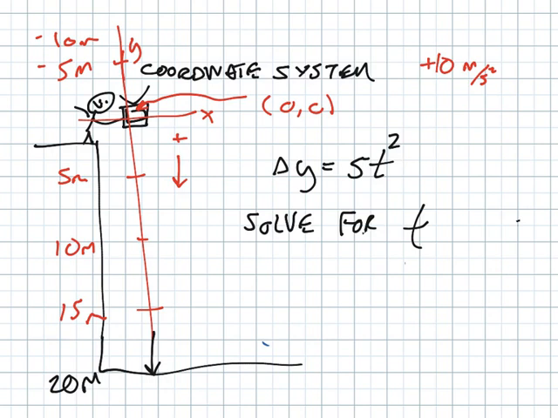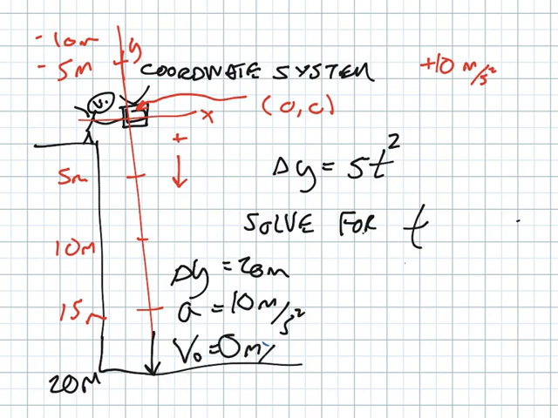We should have done this in the beginning, but list everything we know. If we drop it from 20 meters above the ground, then delta y is 20 meters. We also know the acceleration is about 10 meters per second squared, g. And we release it from rest, so v naught is 0 meters per second, so we just leave it out of the final equation.